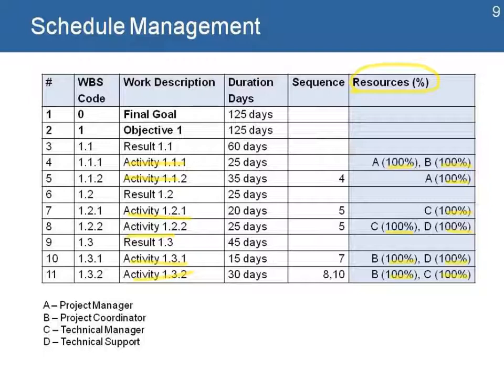So here in this example, I have a team represented by the letters A, B, C, and D, and they've been assigned to the different activities, each one at 100%, meaning that the project manager, the coordinator, the technical managers, and the support are assigned to each one of these activities at 100%.